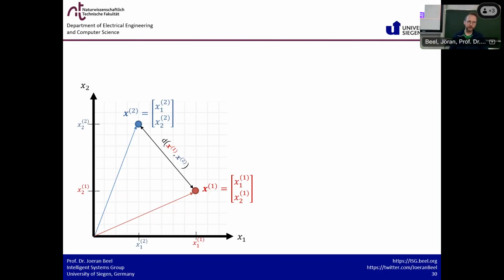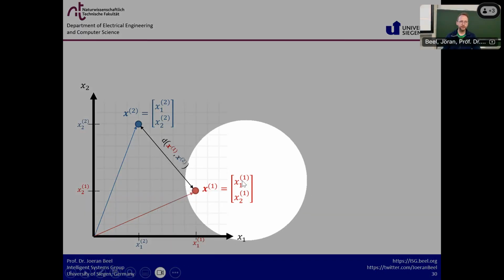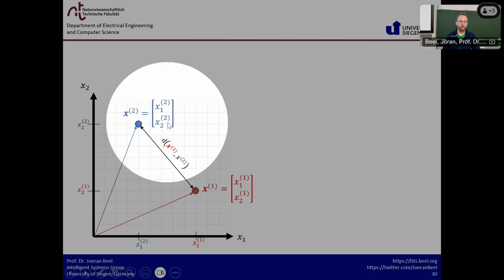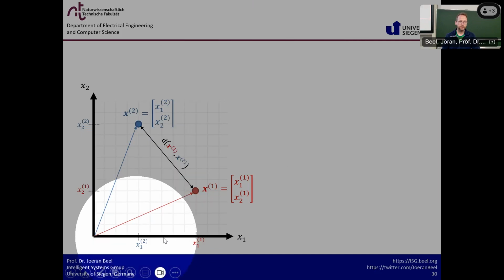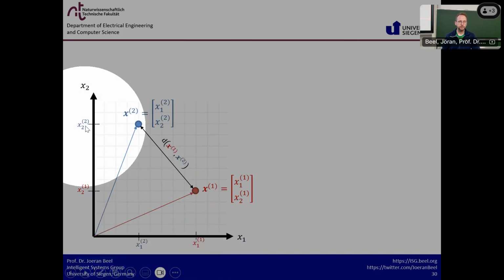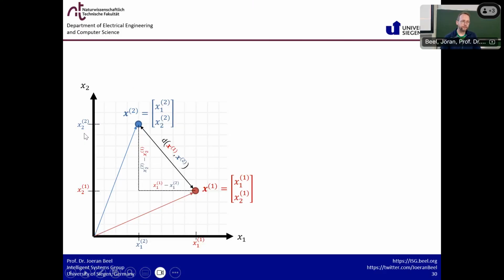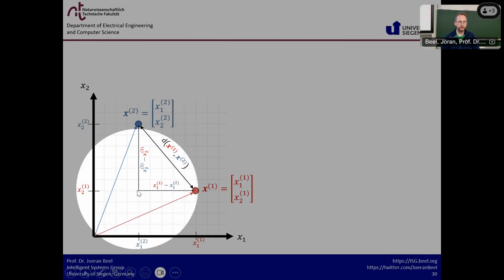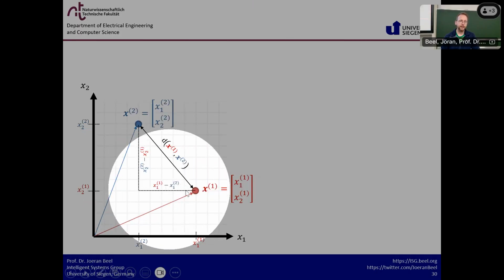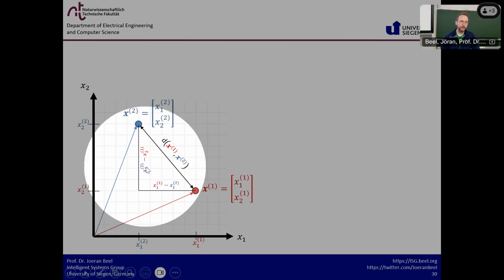So this is what is given. We have given these coordinates. That's the features, the attributes. So here, here, here, and here. And we have again a rectangular triangle here that we can calculate. We can calculate this length as x11 minus x21, and here x22 minus x12.